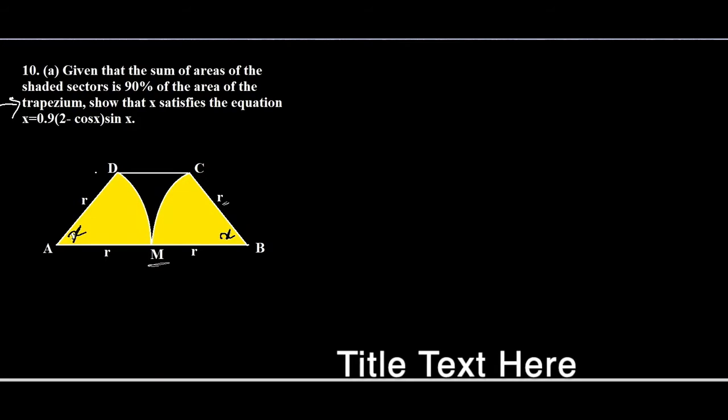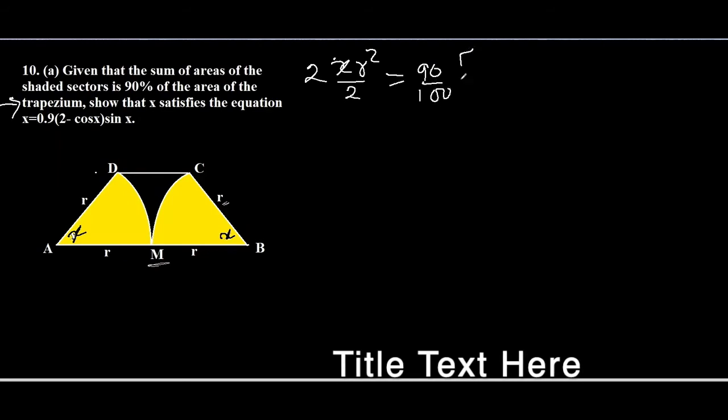So the area of each sector will be angle times radius squared divided by 2, correct? Since there are two sectors, we'll multiply it by 2. It is 90% of the area of the trapezium.